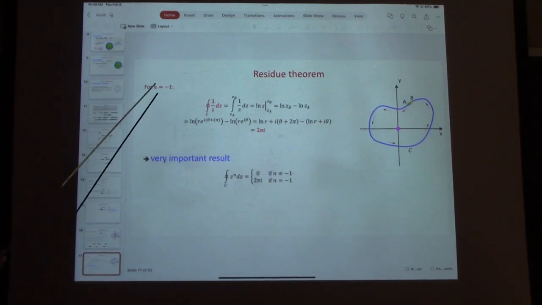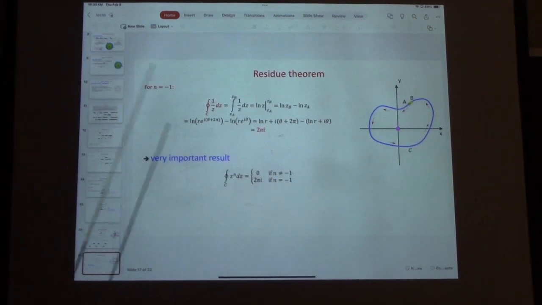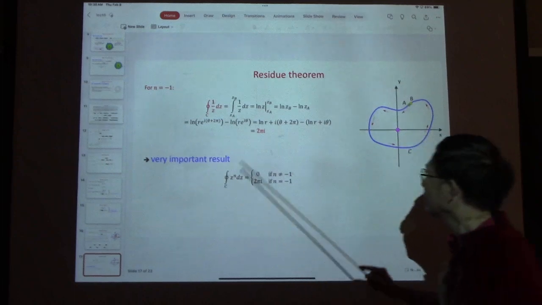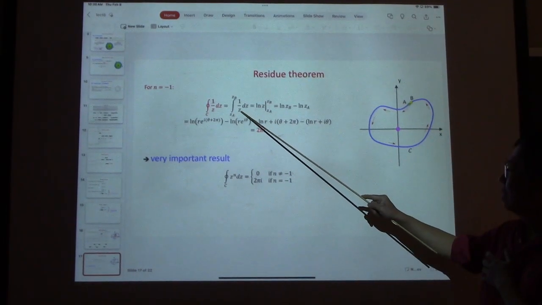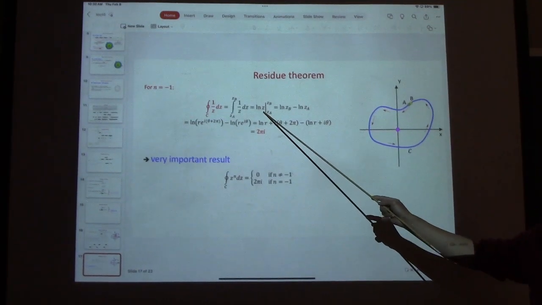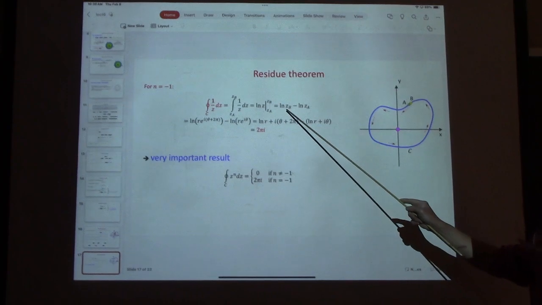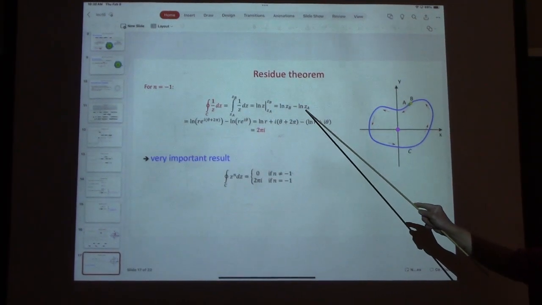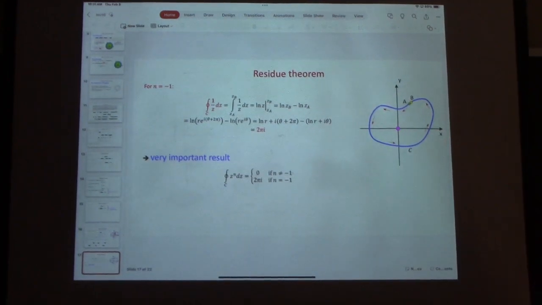All right, now we need to deal with this one, which is 1 over z. So now you go from ZA to ZB. This is equal to log of z, so we have log ZB minus log ZA.